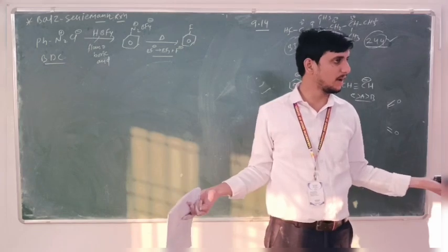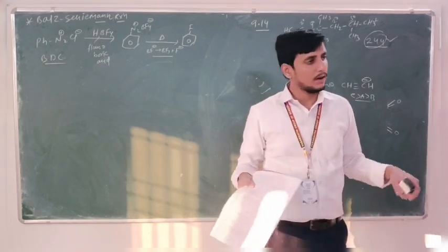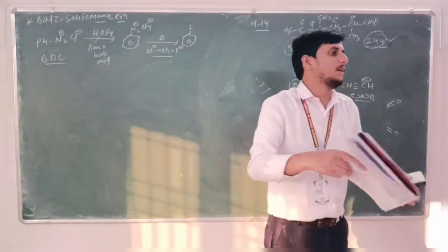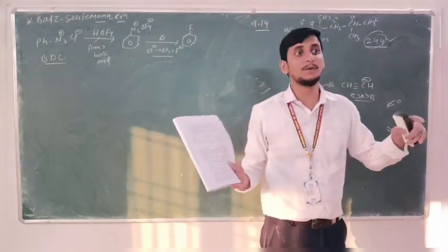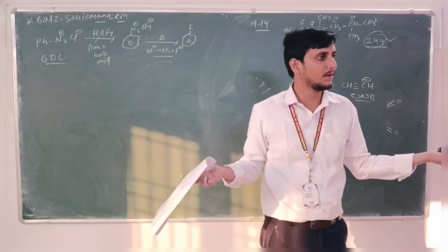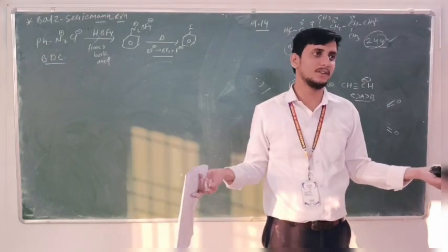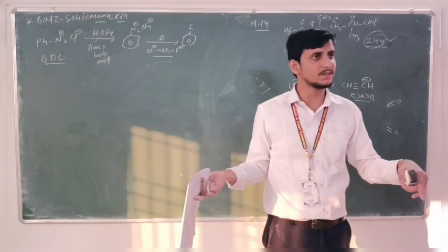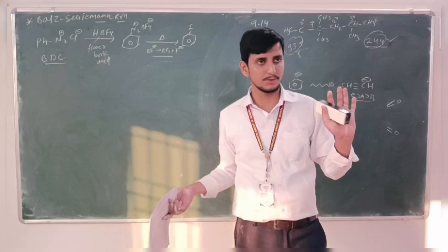When an electrophile comes, benzene donates electrons. But when a nucleophile comes, there is repulsion, so nucleophilic substitution is not easy and electrophilic is easy. Understood, everyone?